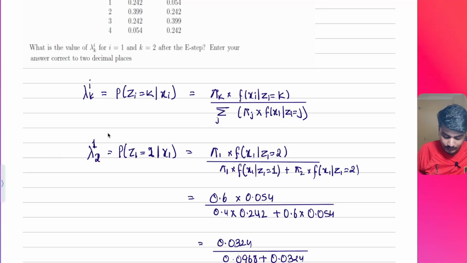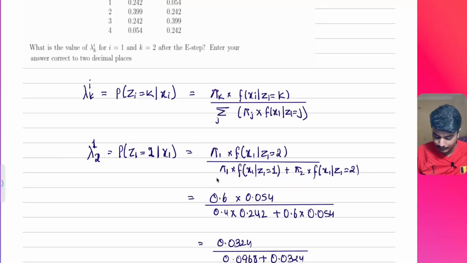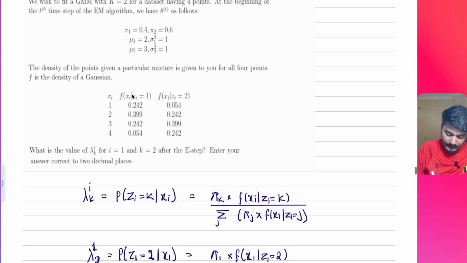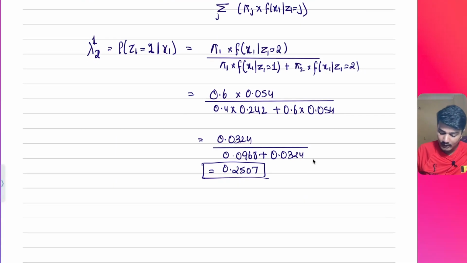So we have to find lambda 1 2, that is the probability of z1 as 2 given x1. That is nothing but this formula. As I said, below is the summation over j of all those. Basically it's a normalization so that our probability sums to 1. All these values are given here. So when you put this in and solve it, you will get this. That is our answer.